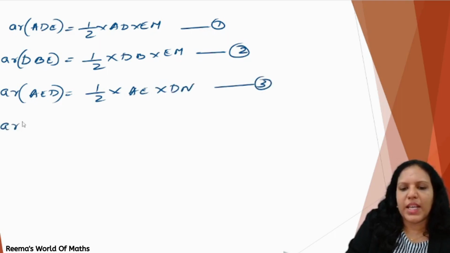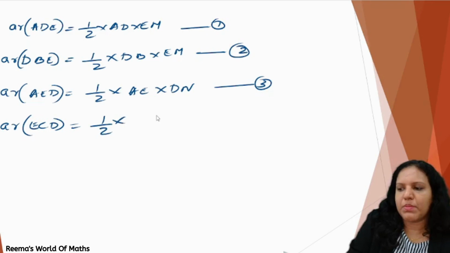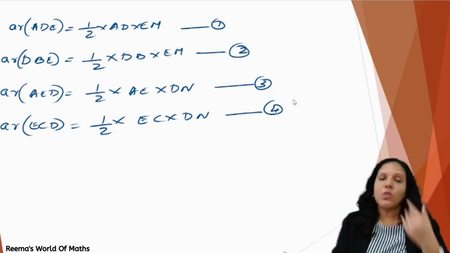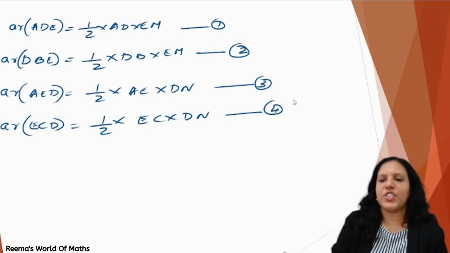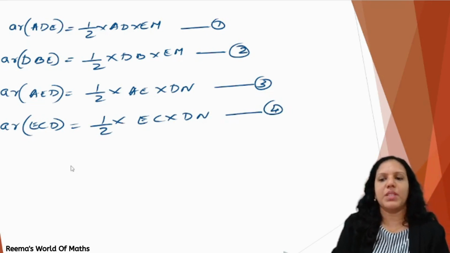Now the last one, area of triangle ECD equals 1/2 multiplied by EC multiplied by DN, which is equation number 4.